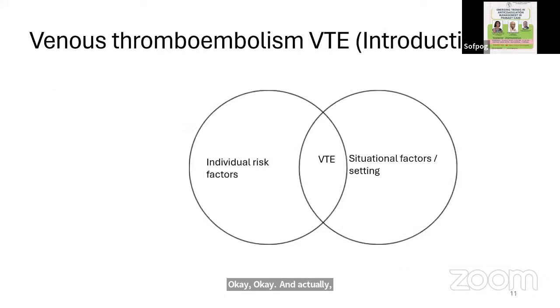So how does it occur? We have individual risk factors, the setting, and then the VTE formula. What are the individual risk factors? They include pregnancy, racial factors, and acute illness.